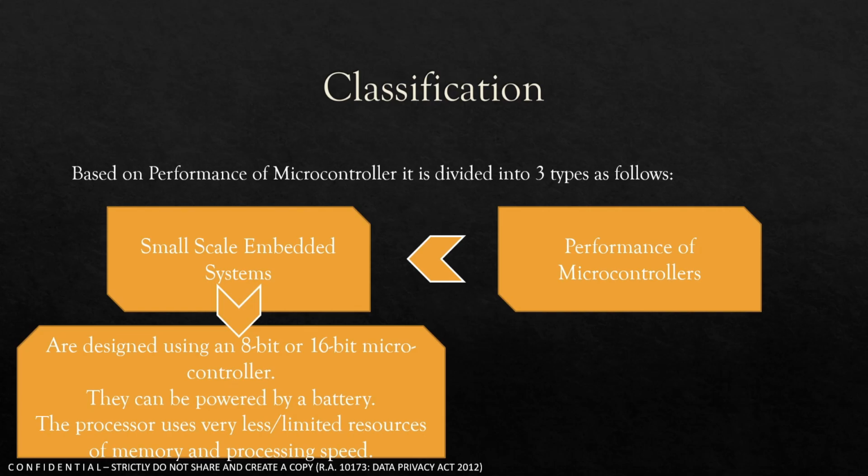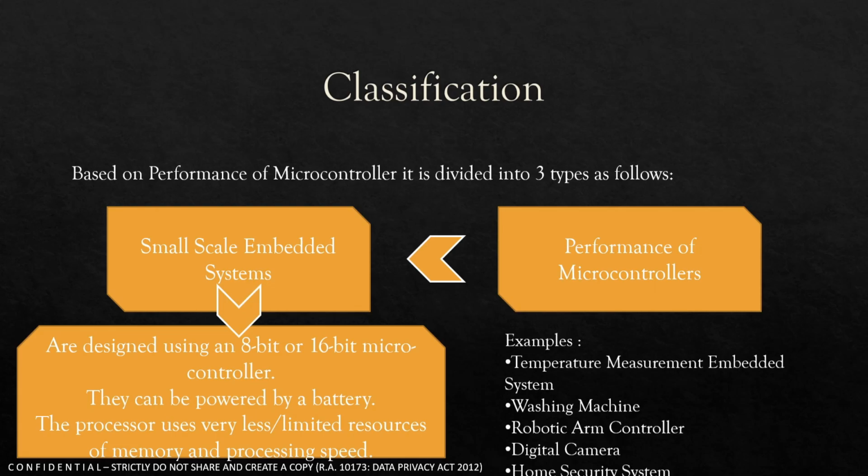They can be powered by a battery. The processor uses very limited memory resources and processing speed. Examples are the temperature measurement embedded system, washing machine, robotic arm controller, digital camera, and also the home security system.